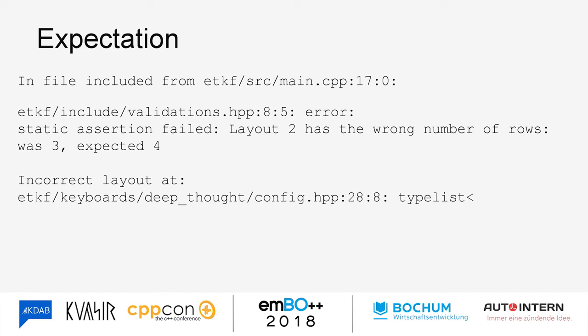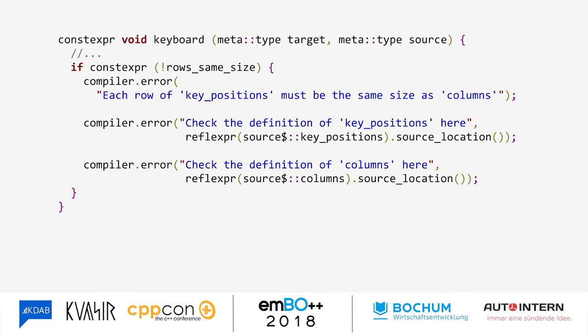When I'm trying to say you have an incorrect layer at this place, I think this is how we can get there. We can reflect on these types. We can get the source location. We can tell the compiler, here's where I want you to diagnose. So I think this is powerful.